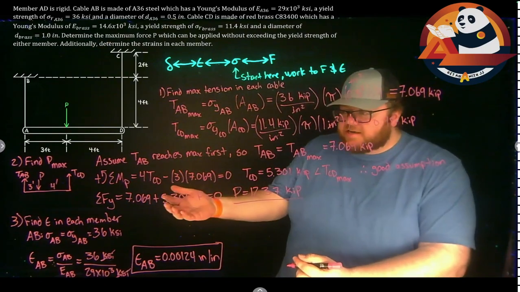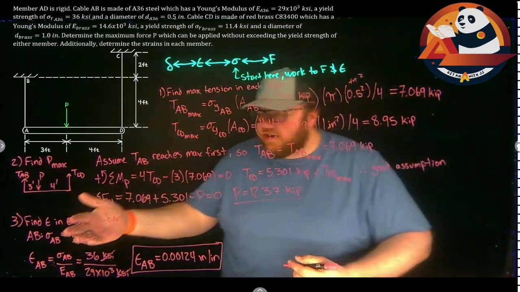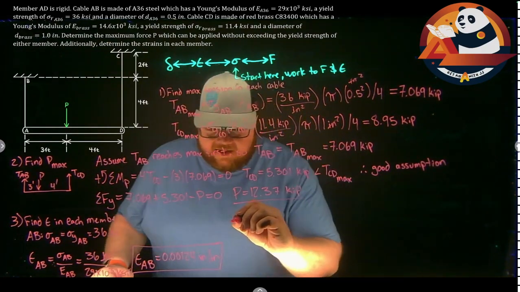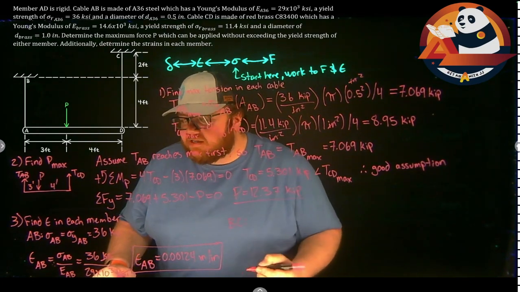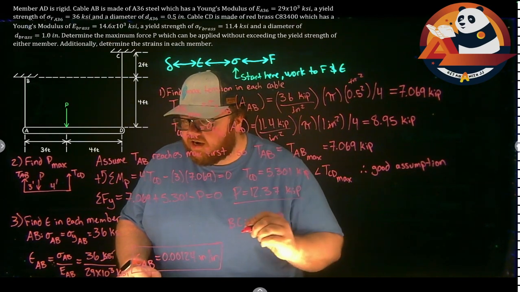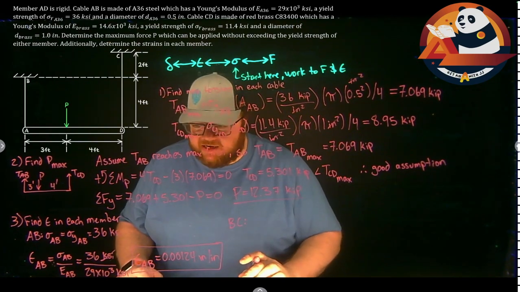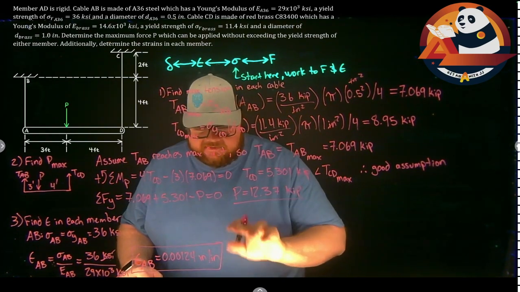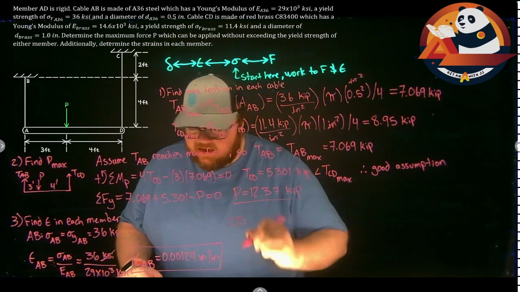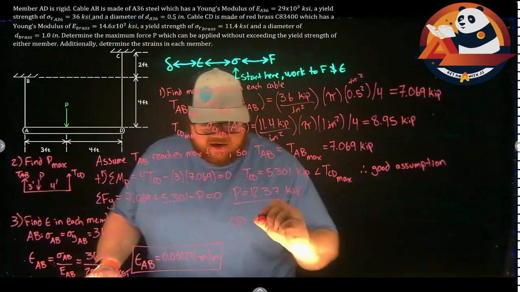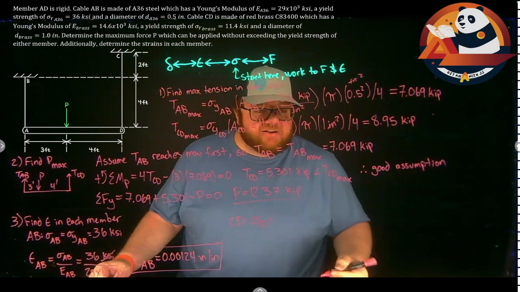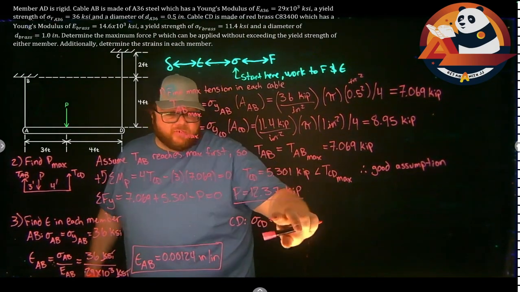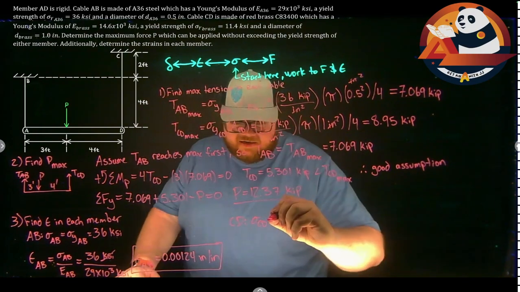We can do a similar thing here to figure out what's going on in member CD. In BC, there's a little bit more we'll have to do because I have to find my stress. Not BC, that should be CD. In CD, my sigma CD, I can't just assume this is the yield stress because I'm not at that maximum force that would cause it to yield.